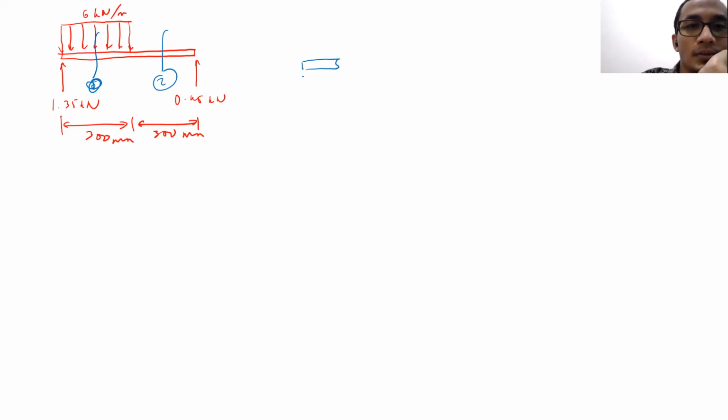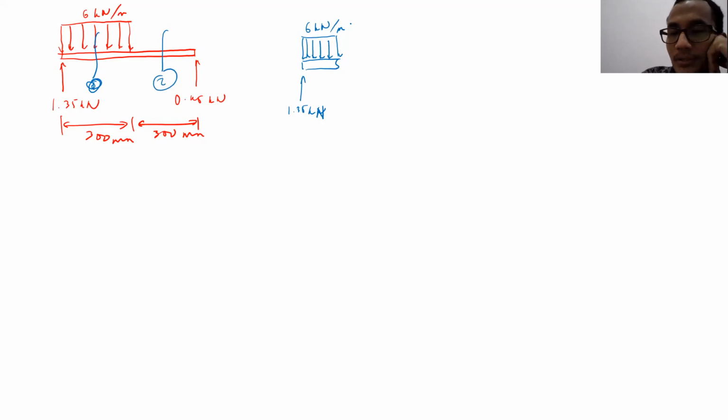Yes, because it's always in the value of x, right? Yeah. So we have 1.35 kilonewton. What else do we have there? Distributed force of 6 kilonewton per meter. What else? And normal force, shear, and moment.